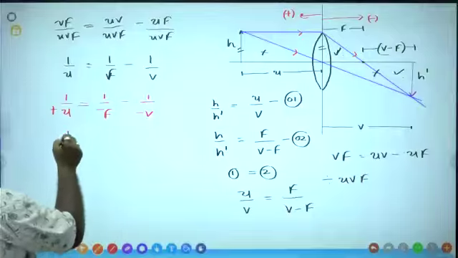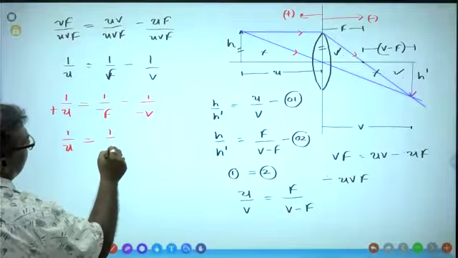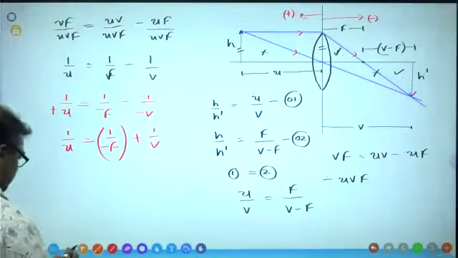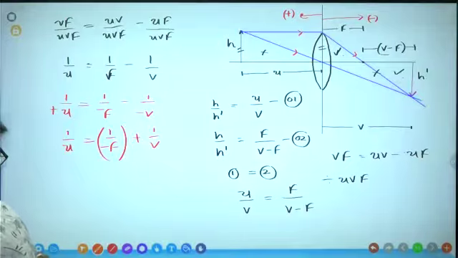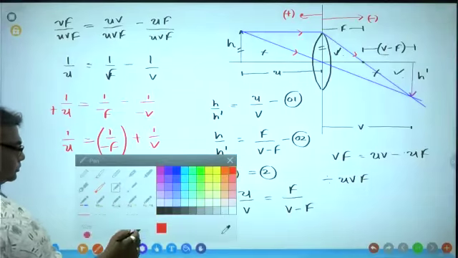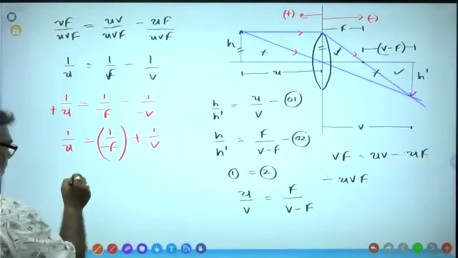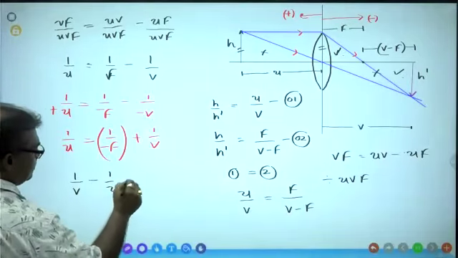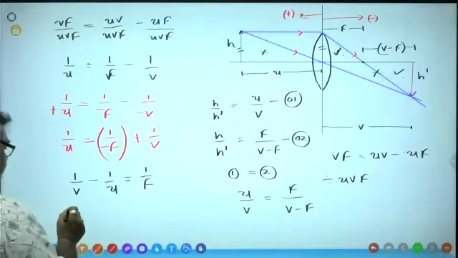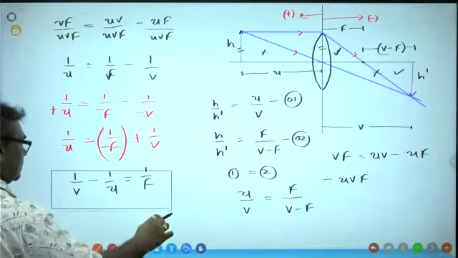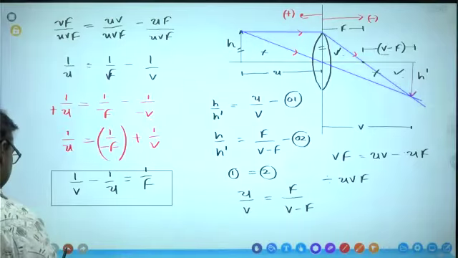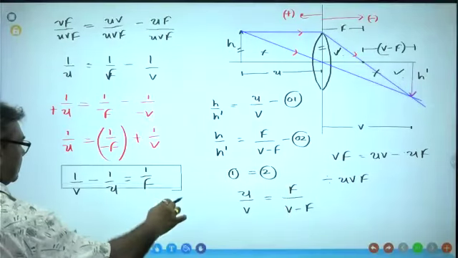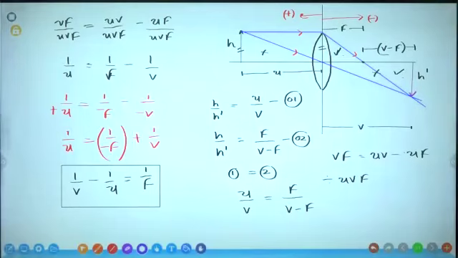Then 1 over u equals 1 over f minus, here plus, 1 over v. Then we have 1 over v minus 1 over u equals 1 over f. Here we have the lens formula.